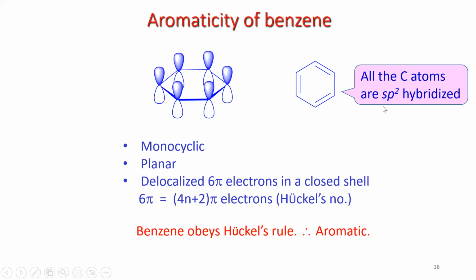All these carbon atoms are sp2 hybridized. Though we write a structure like this, with the double bond confined to 2 carbon atoms, it's not really happening. There are no true double bonds in the structure. These electrons are common to all 6 carbon atoms, so these electrons move right around the ring.